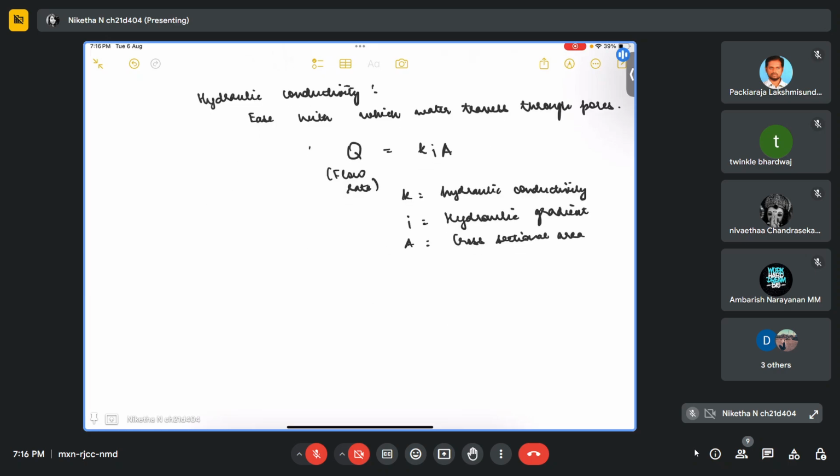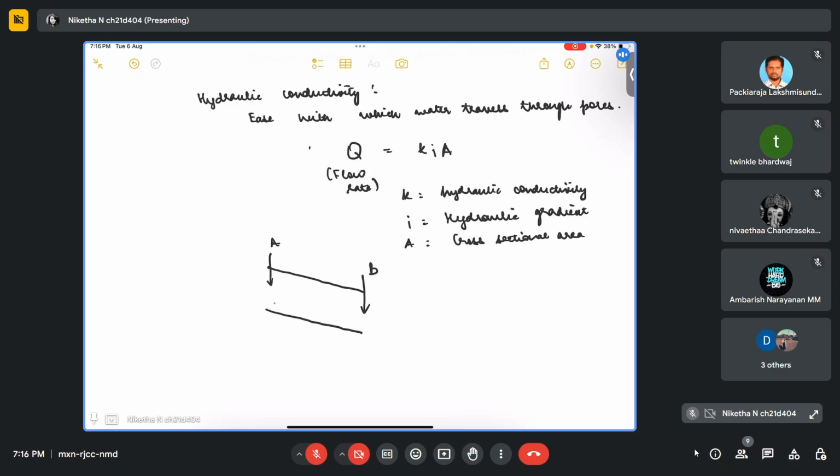So hydraulic gradient is when you have a path like this, for example. Let's call this point A. Let's call this point B. Now, because of the difference in height, it will create a difference of head. So there will be a potential energy difference.